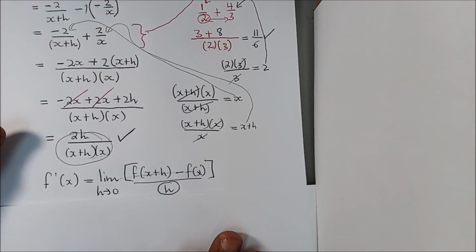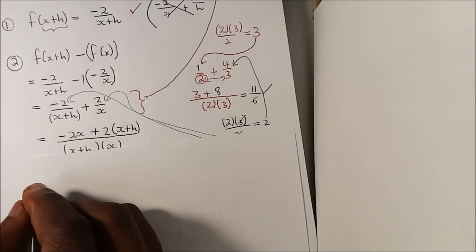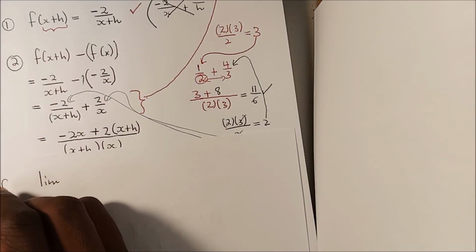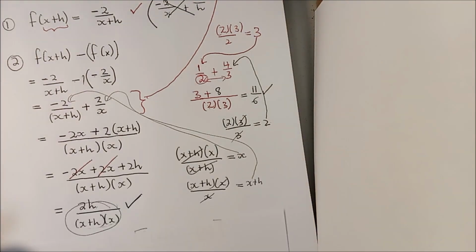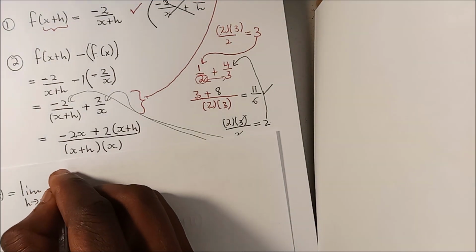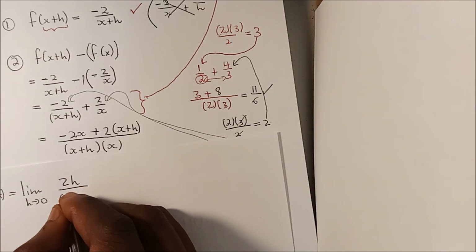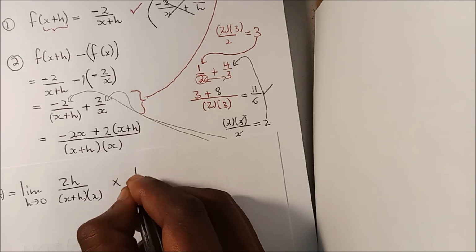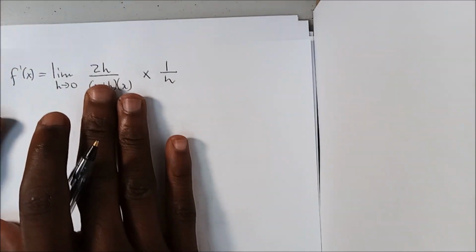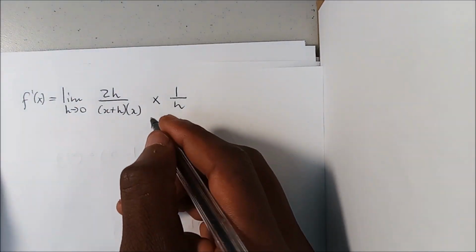So we have f prime of x equal limit as h goes to 0. Let me write that part. We had 2h over x plus h into x multiplied by 1 over h. So we're on this part. What I said is this h is the one from the formula.